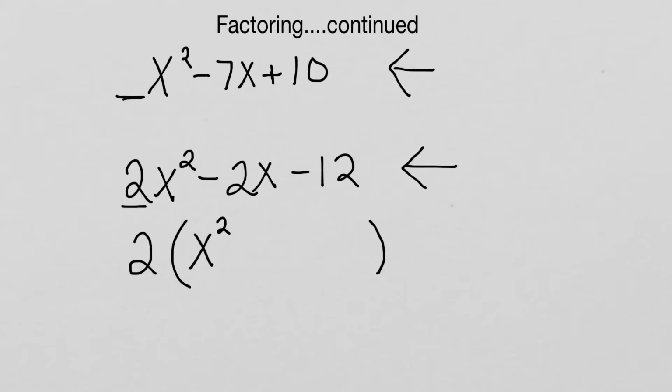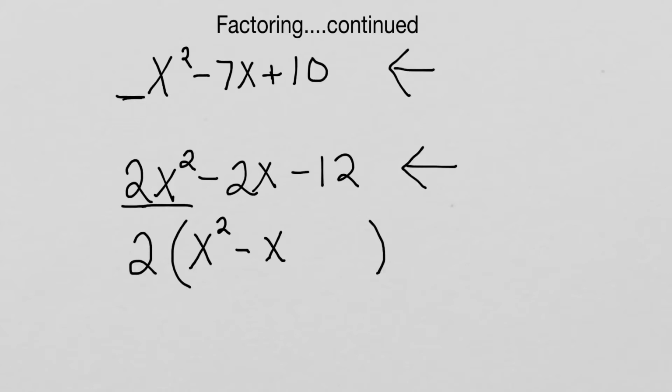Now going backwards, if I multiply 2 by x squared, I get this 2x squared up here. Now this minus 2x, if I divide it by 2, I get minus 1x, which I'll just write like this.